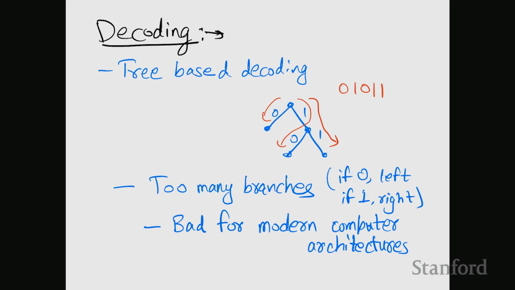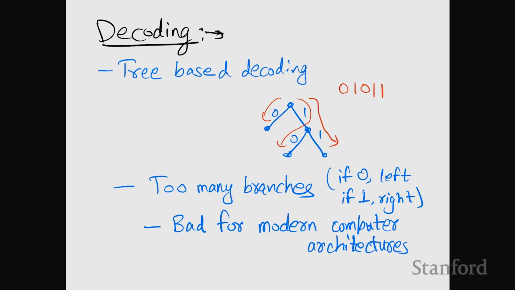Every time you're streaming a video over YouTube, either this or something similar is running. You're always decoding a prefix code. Anytime your computer is running, you're probably decoding a prefix code somewhere. So this is not just about Huffman. This tree-based decoding is a really, really bad idea. Because of these branches, you will never get the throughput that you get today.